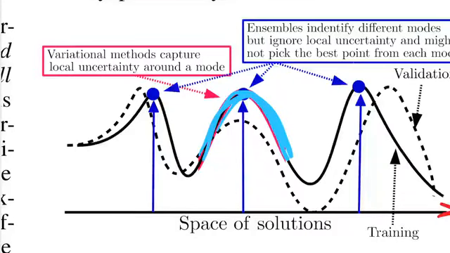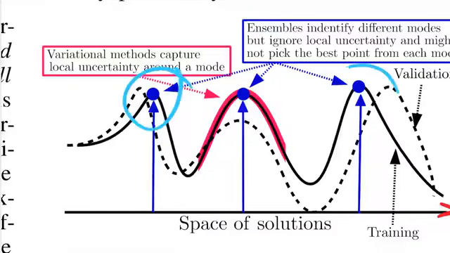They are very aware of the shape, of the curvature here, and can tell you a lot of things about it. So they can tell you, for example, that you might want to be a bit over here rather than over here. But they don't generally know about these other modes because they are only approximations. They generally don't produce multimodal solutions.